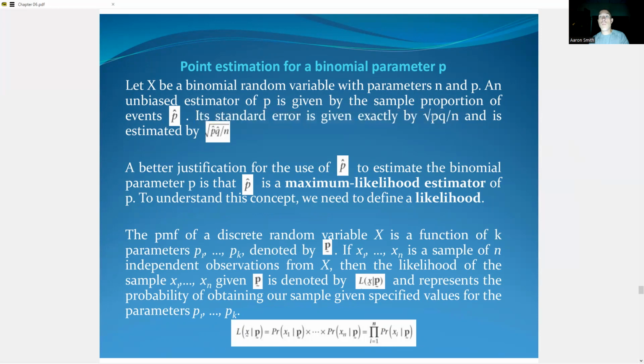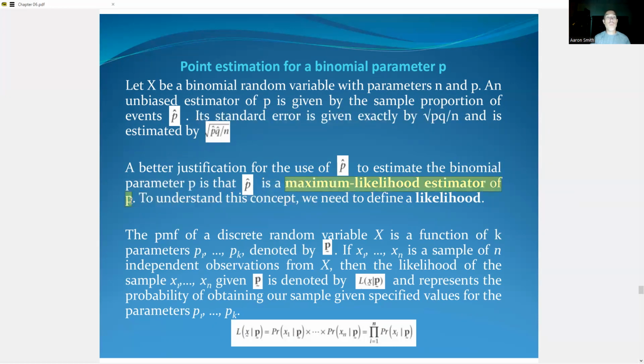So this is p times q divided by n, all of that underneath the square root. The square root captures this entire fraction and is estimated by the square root of p hat q hat divided by n. A better justification for the use of p hat to estimate the binomial parameter p is that p hat is a maximum likelihood estimator of p.